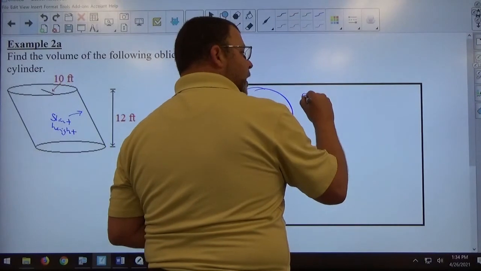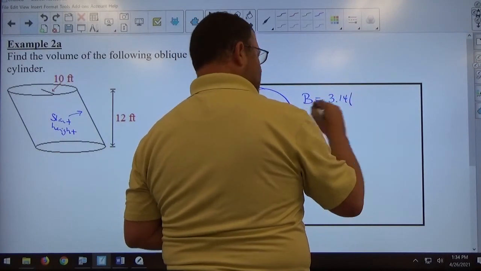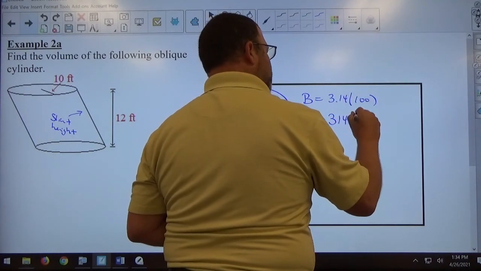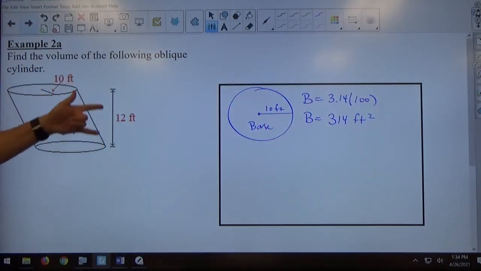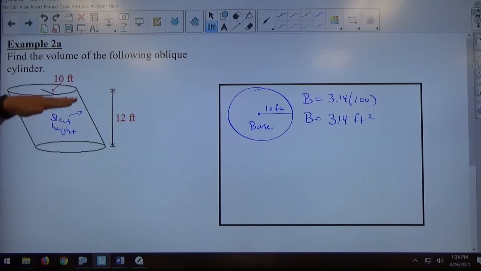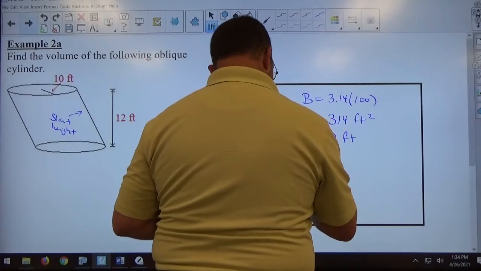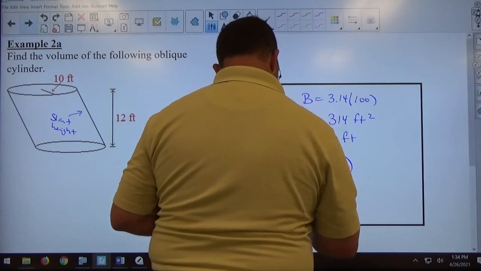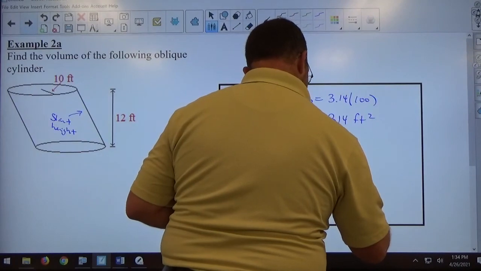I remember the area formula now, pi r squared, so pi is 3.14, r squared, 10 squared is 100. So the area of the base ends up being 314 square feet. The perpendicular height of our prism is 12 feet. Circle 1 to circle 2 is 12 feet up and down. So h equals 12 feet. Volume equals area of base times height. So the volume is going to be 3,768 cubic feet.